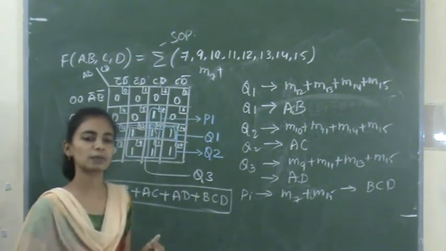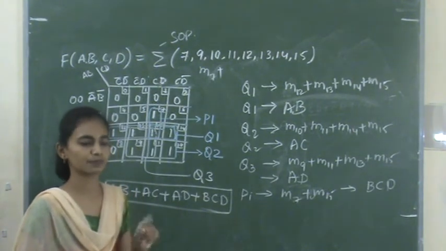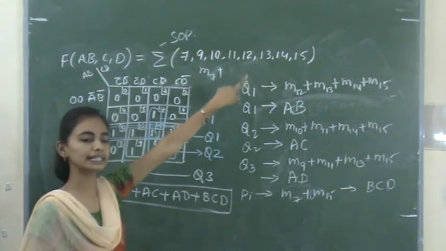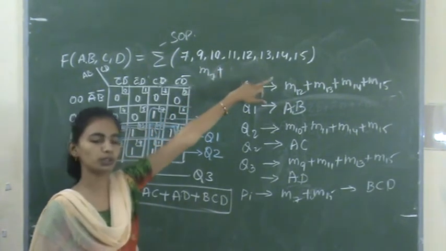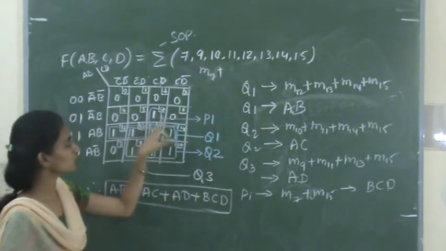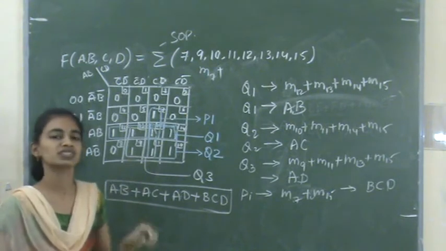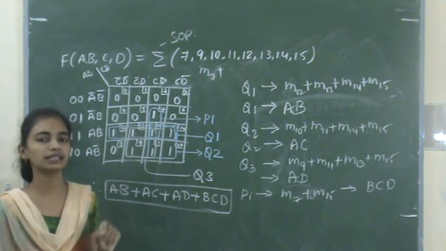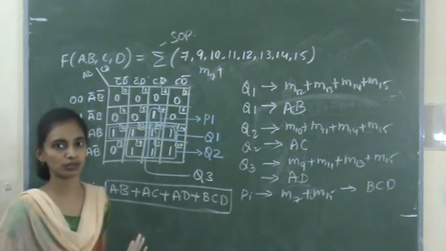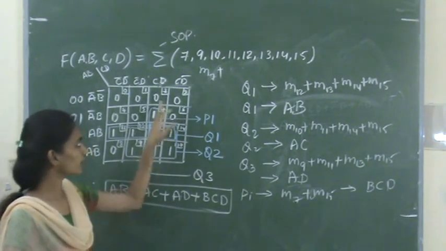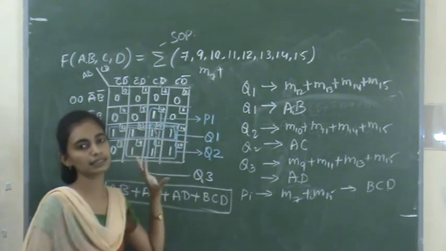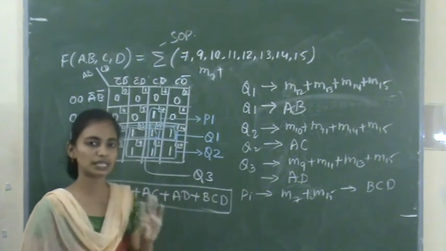The second step is you have to write the ones, wherever you have an output of one. That is the second step. The third step is you have to fill the zeros in the squares that you have left out. So that is the third step.